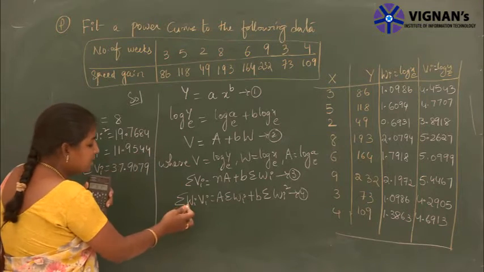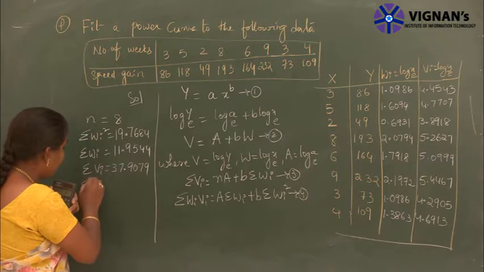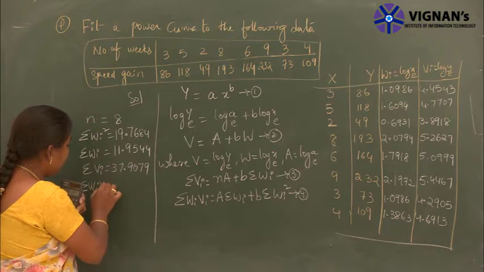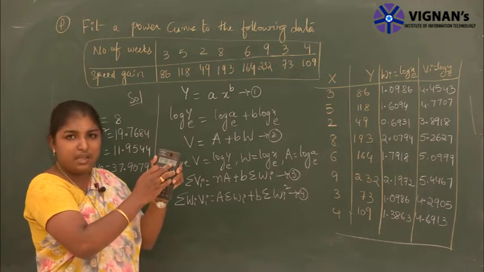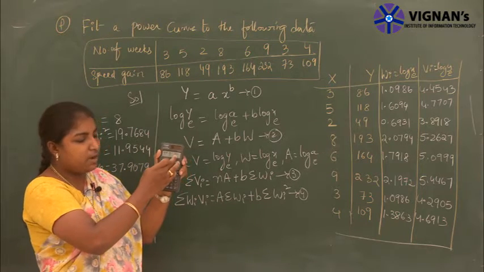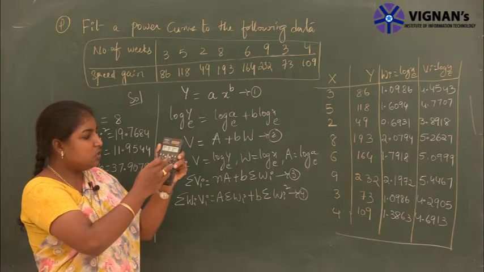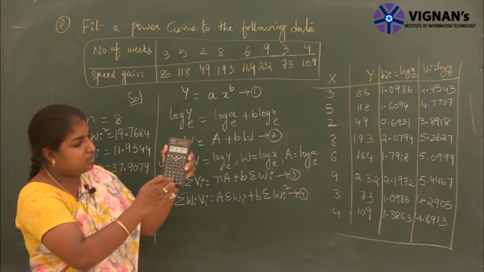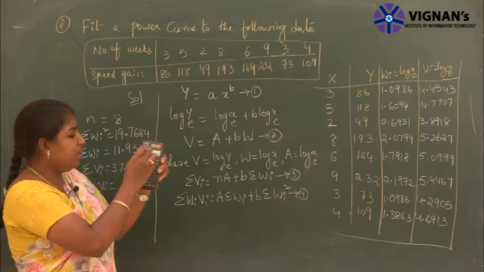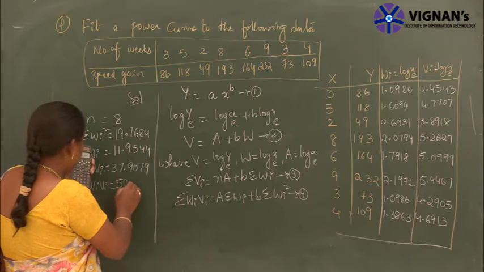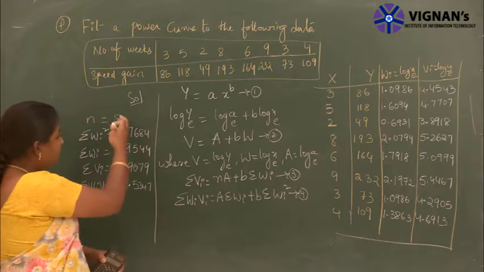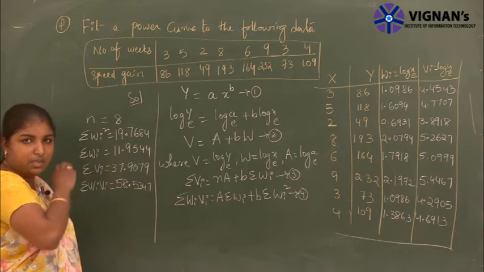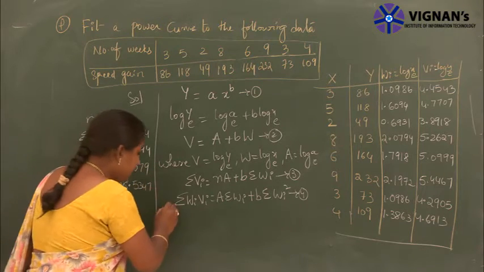Next we want summation Wi into Vi, which in your calculator is the summation xy. Shift 1, side arrow, summation xy. Press 3 equal to, we get the value 58.5347.